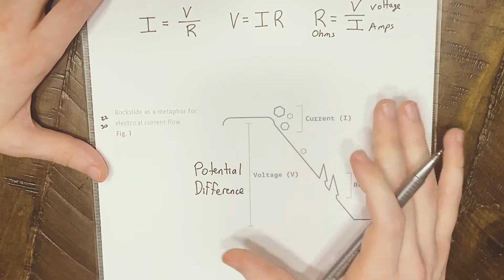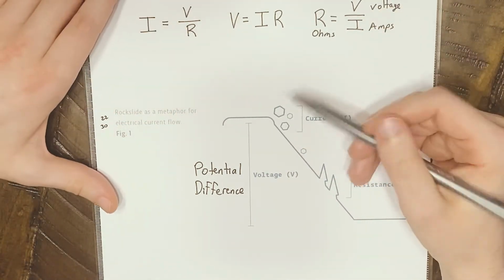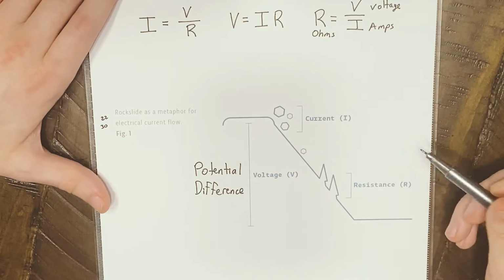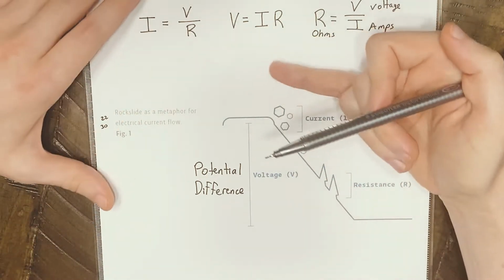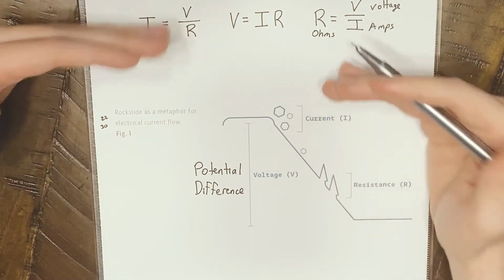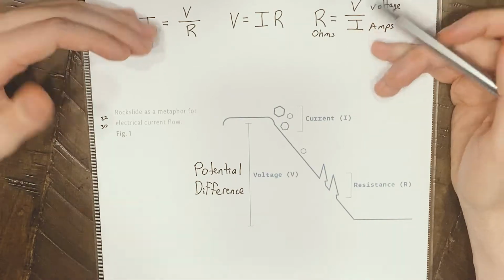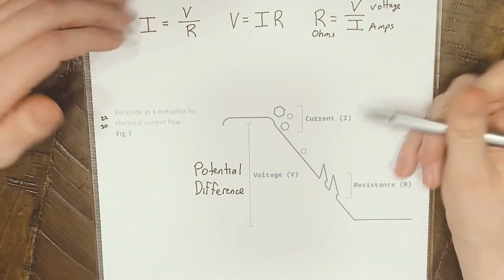Now, current is the amount, you can think of it as the amount of electricity flowing down this potential difference. So the voltage creates an environment where a flow can happen. The current is the actual quantity of that flow. So in this case, the amount of rocks coming down the mountain.